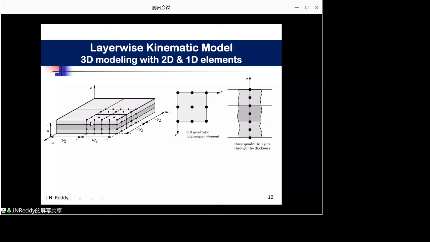Each element here, if you think of linear here, the 3D element would be linear through thickness and quadratic in the plane. That kind of mesh can be generated by layer-wise theory with this. Each of the 3 layers will have quadratic variation, and then the in-plane element would be a 9-node element. So this combination will give this mesh.